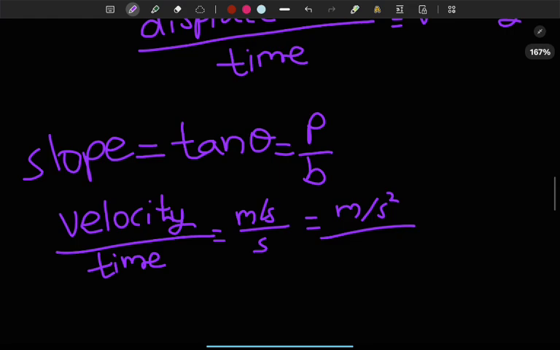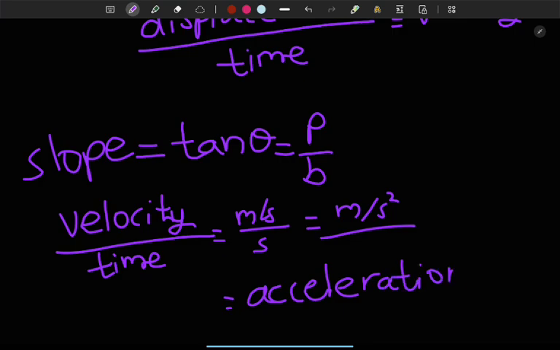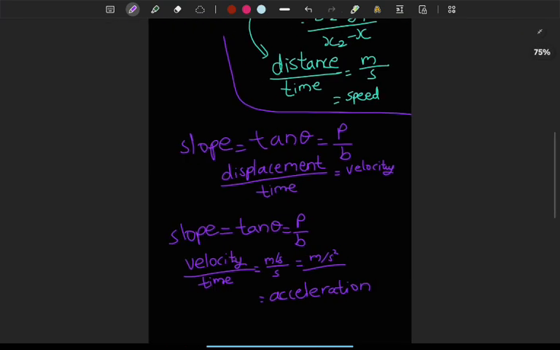How can I say that it is acceleration? Because in the definition of acceleration we have read that it is the rate of change of velocity.